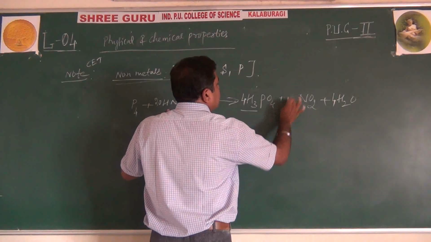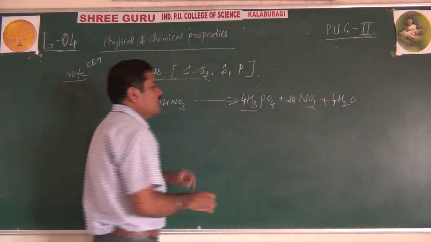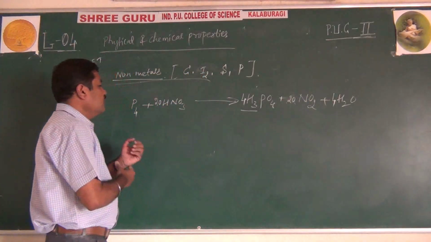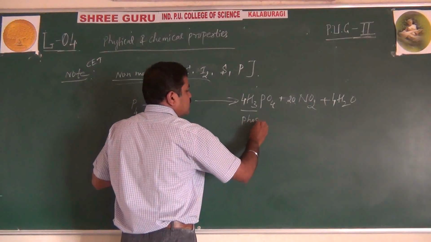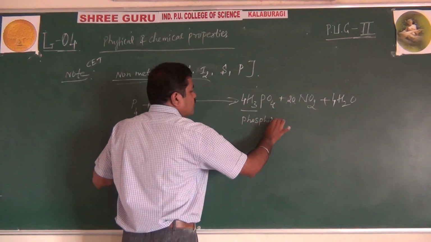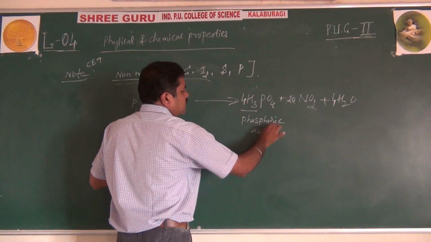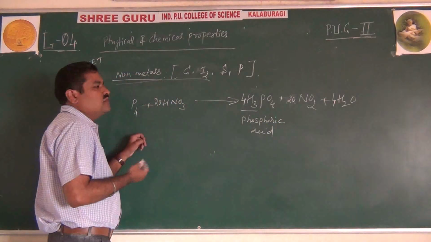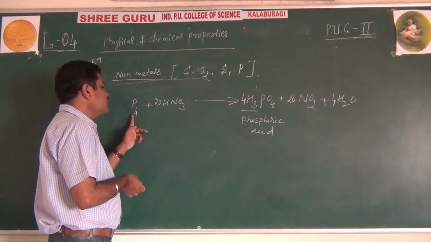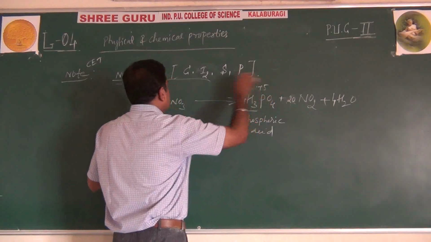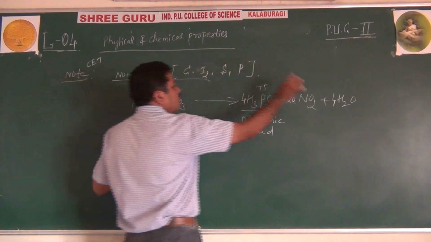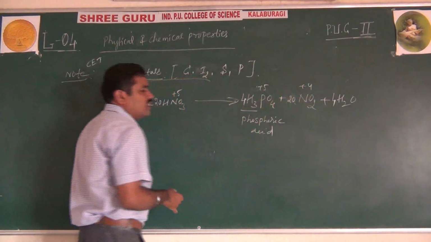This will be a balanced equation. Okay, phosphorus is oxidized to phosphoric acid. In the CET, there is no need to remember this balanced equation. Just phosphorus to phosphoric acid. P4 elemental state 0 to plus 5, and once again nitrogen plus 5 to plus 4, like this.